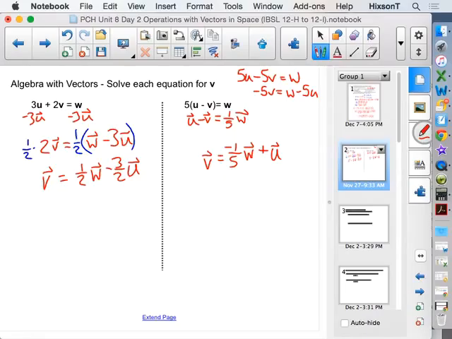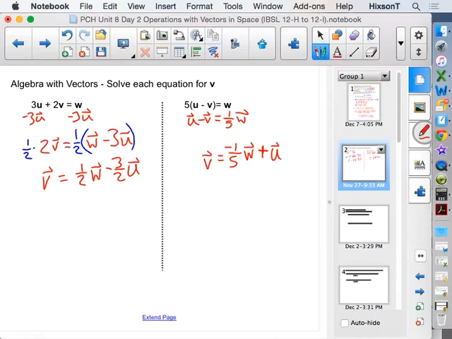But then when you multiply by a negative 1/5, this cancels out to a positive 1, and here's where you get your minus 1/5. So there's more than one way to do it, but either way, that's what you would get V to be. Any questions about that part?